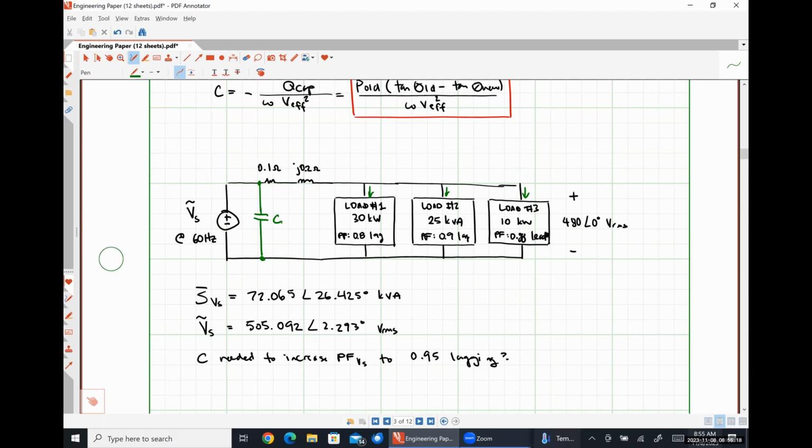So this is going to take into account the lagging contributions of all of our composite load, as well as the lagging contribution of our transmission line. It is possible to correct the power factor of loads individually, but it is more economically feasible to perform your power factor correction effectively at your transformer and transform everything downstream instead of doing multiple iterations of power factor correction for every load that's connected, which is why I'm showing you this particular configuration.